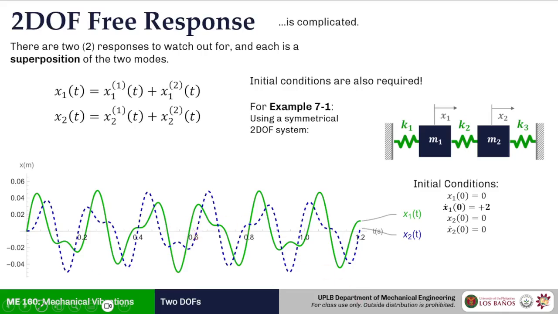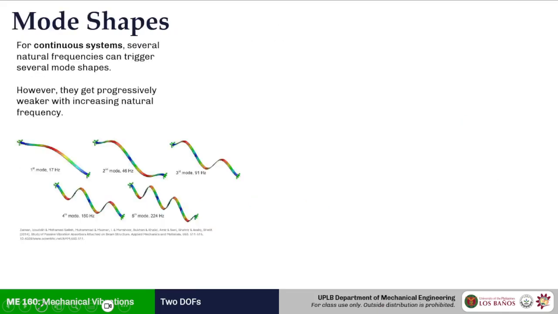Now, when it comes to real systems, the bodies that we encounter there are not fully rigid. When they're not fully rigid, a lot of the regions of the body are free to move on their own, and that results in an infinite number of natural frequencies. Because you have an infinite natural frequency count, you have an infinite number of modes.